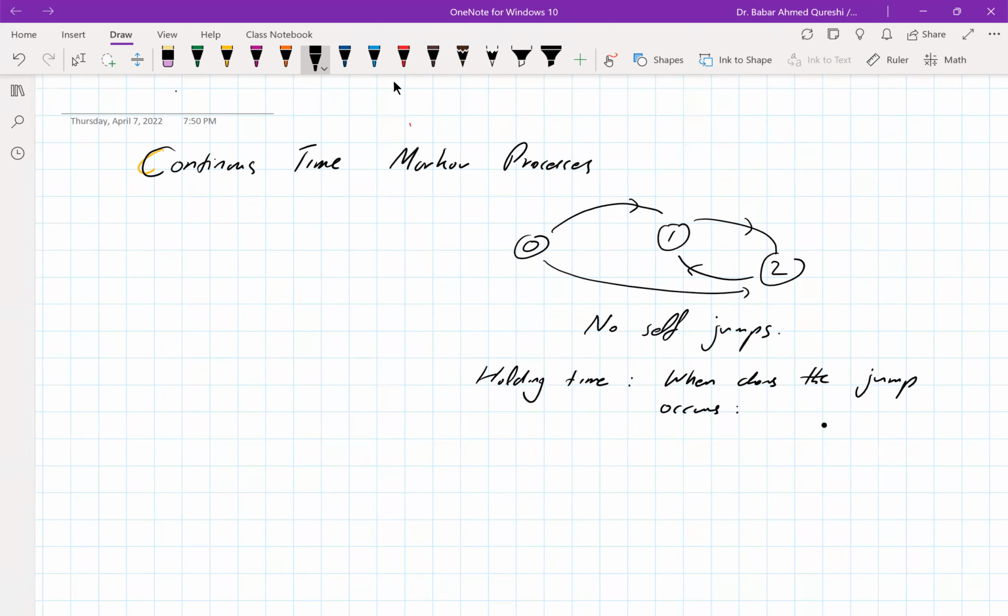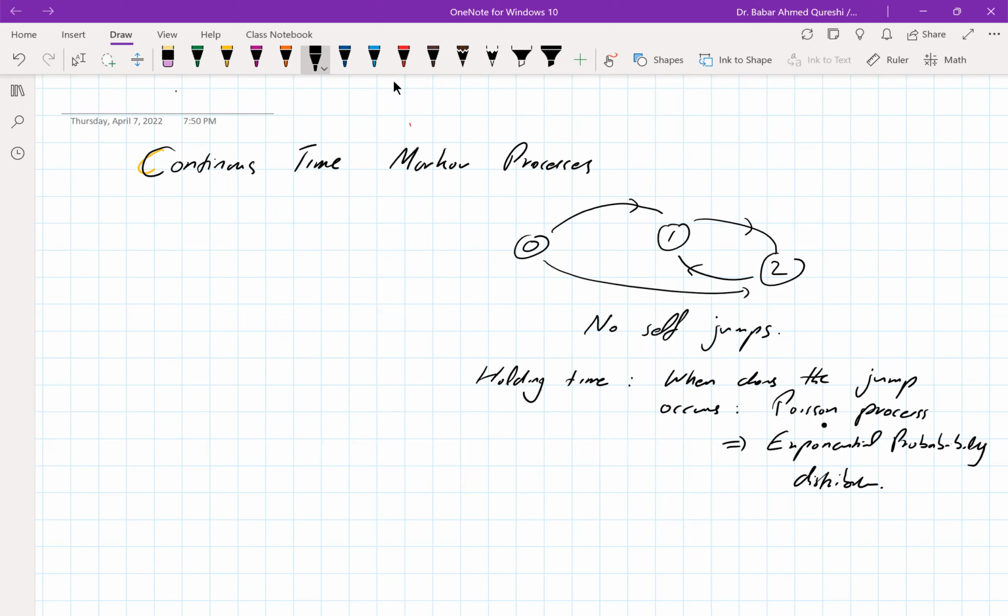So this is a Poisson process. That means you have an exponential probability distribution.